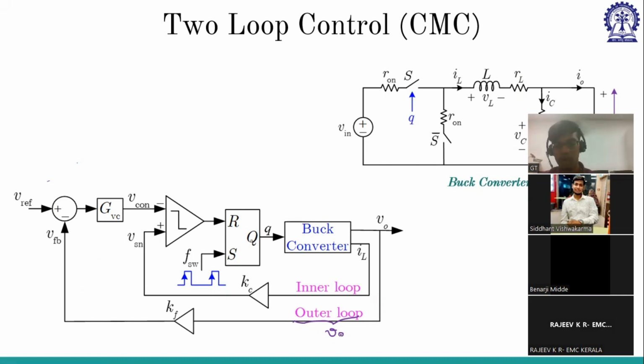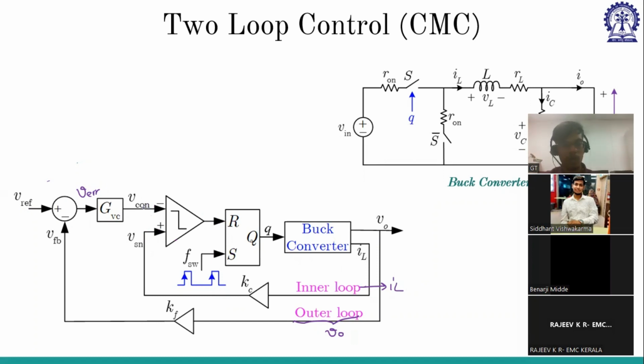Mainly the outer loop is V0 and the inner loop is IL. The outer voltage loop will give the feedback voltage, which goes to the V reference minus V feedback operation, and this gives us V error. This goes to the controller, which gives the reference value that is compared with the IL reference, and this goes to the reset.